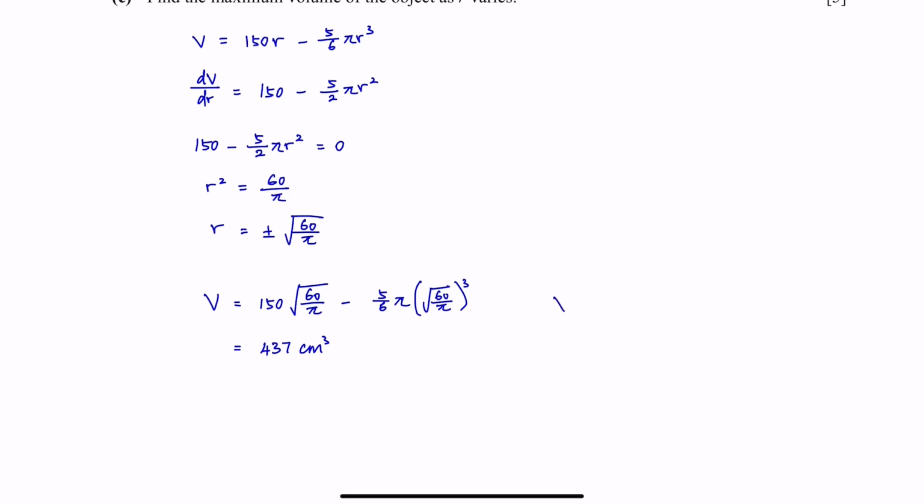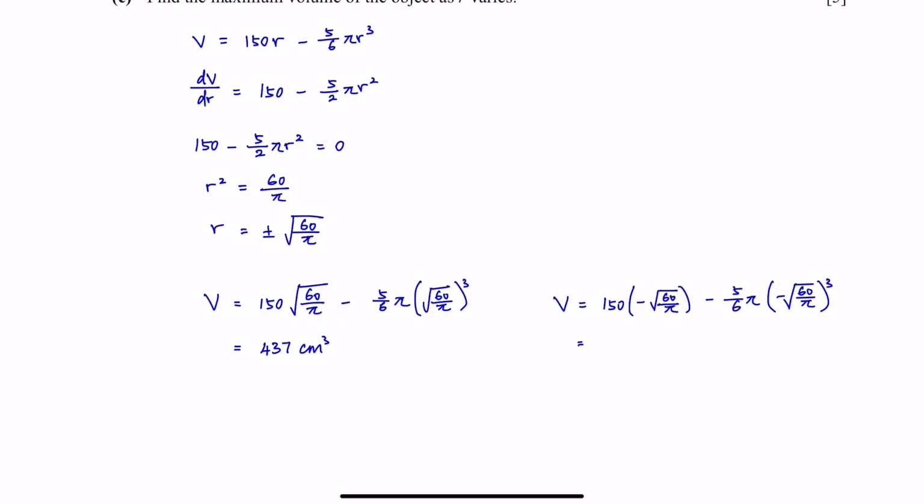And for r equals negative square root of 60 over pi, we have V equals 150 times negative square root of 60 over pi minus 5 over 6 pi times negative square root of 60 over pi, cubed.